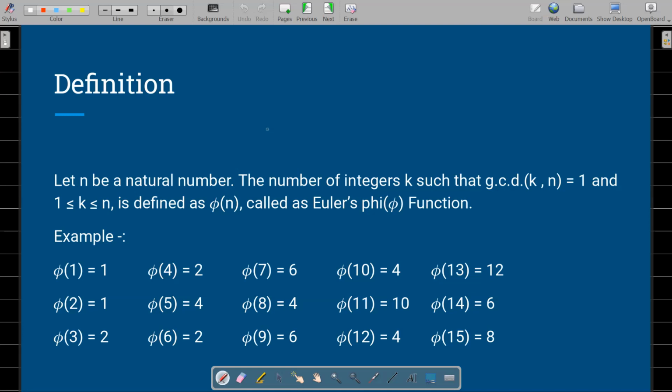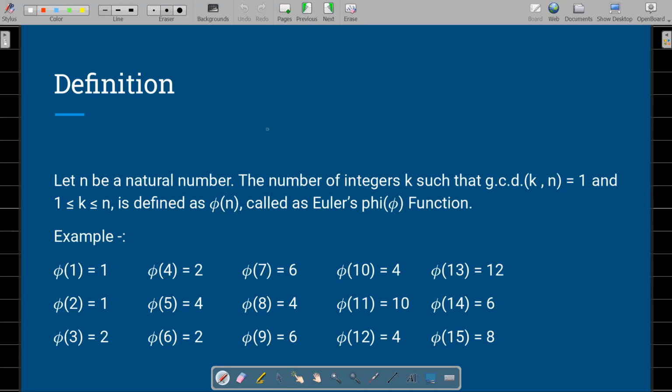Phi of 4 is 2. By definition, you can compute phi of n for smaller numbers, but for larger numbers, there is a nice formula. These are phi values for the first 15 numbers.